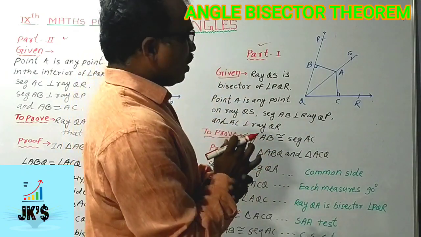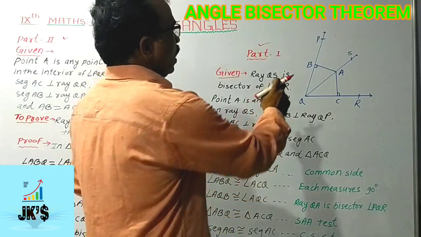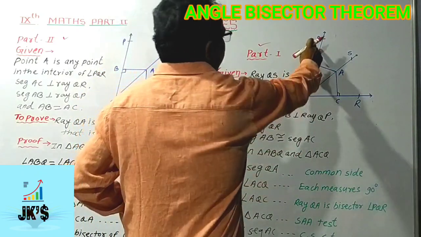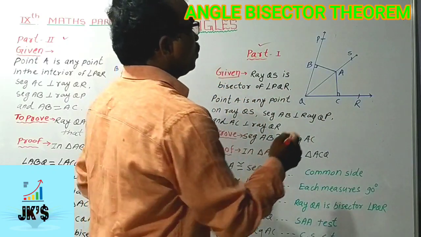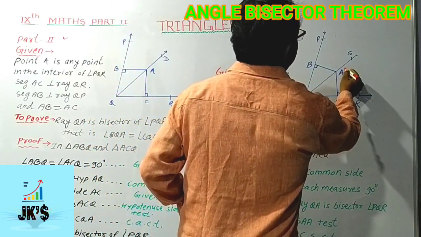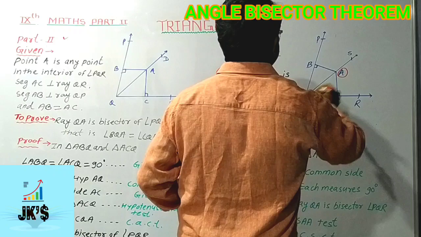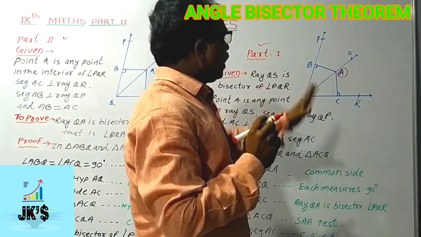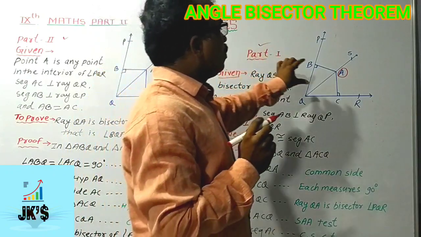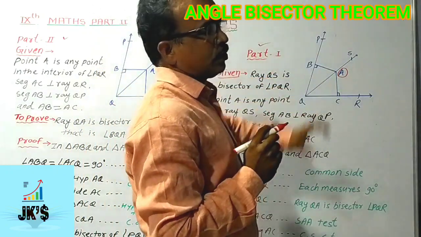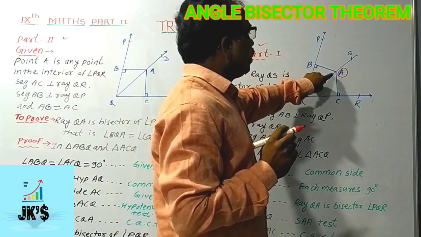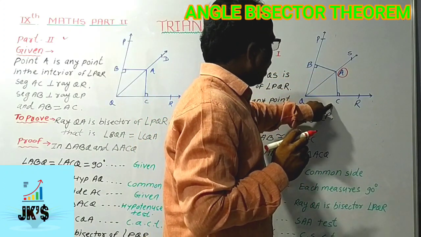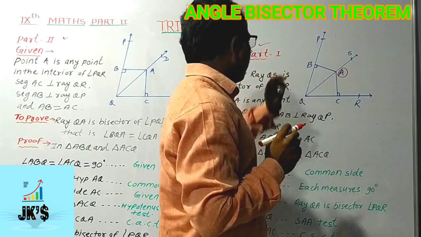So, what is given? Ray QS is the bisector of angle PQR. Suppose A is any point on the angle bisector, and friends, to prove the distance, we have to take the perpendicular from point A to side QR and also side PQ.